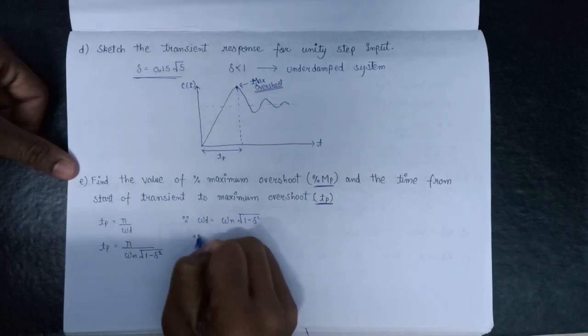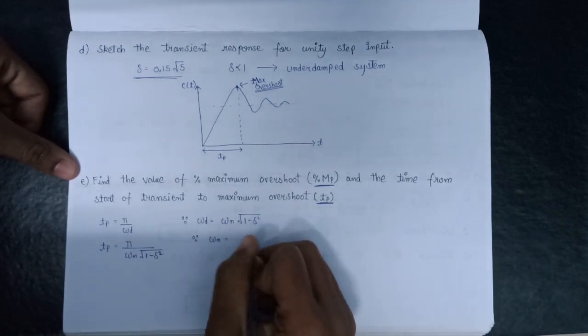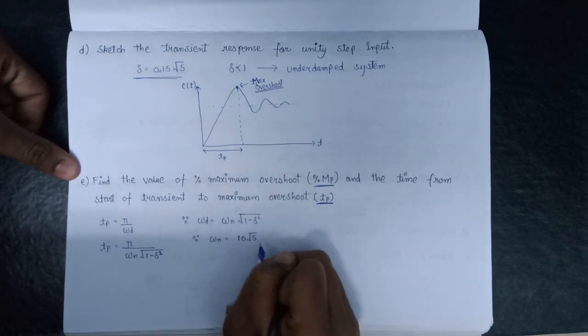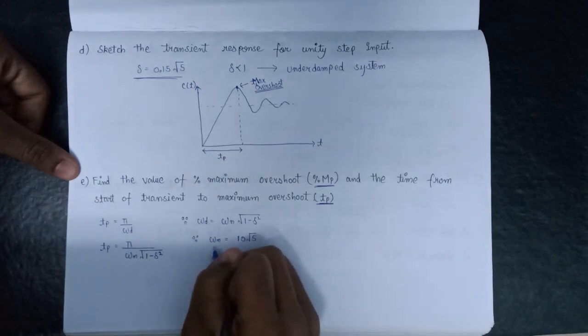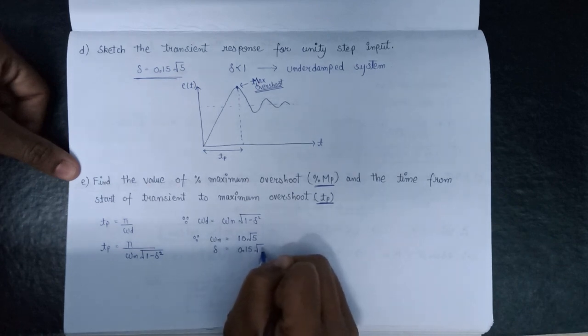Since we have also calculated the value of omega n equals ten root 5 and the value of del equals 0.15 root 5.